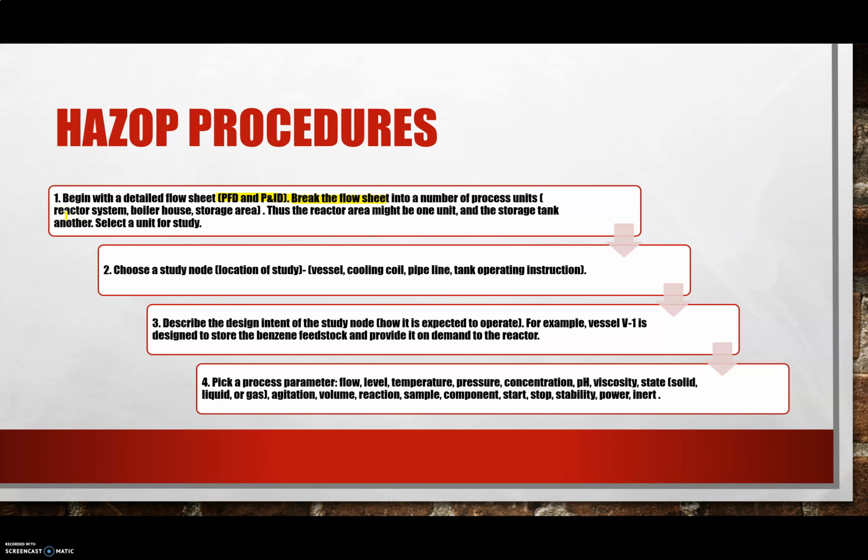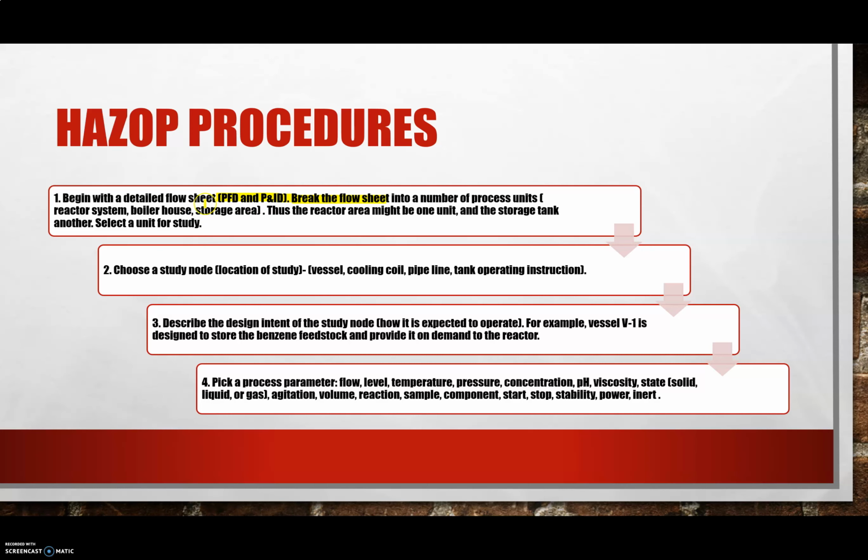For example, from your whole PNID and also your PFD, you can group or break your plant into a few subunits, such as a reactor system, a boiler house, a storage area, maybe a column.